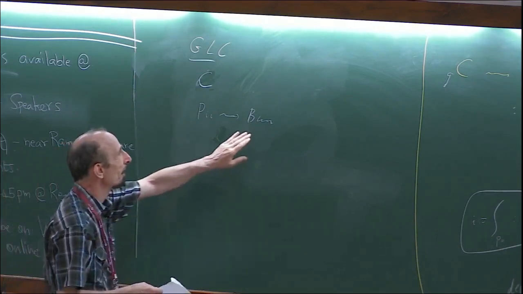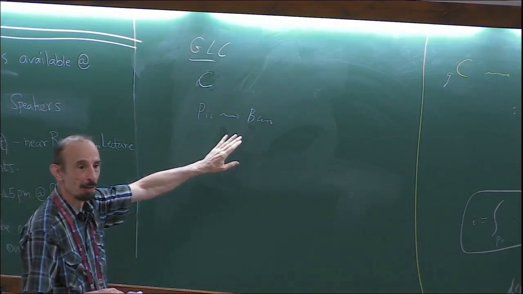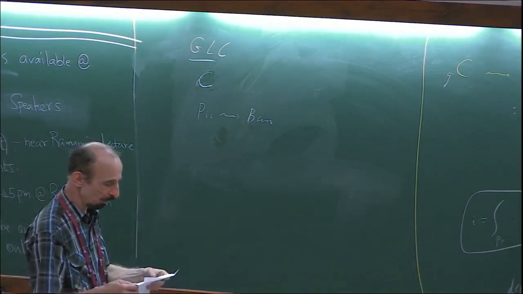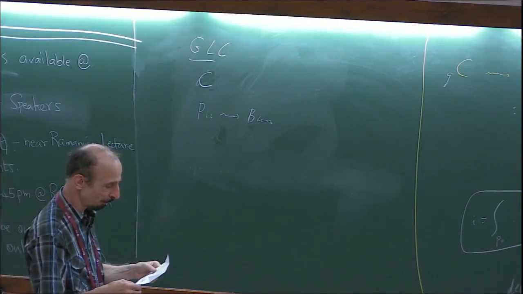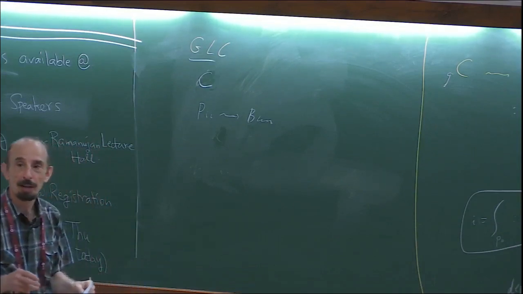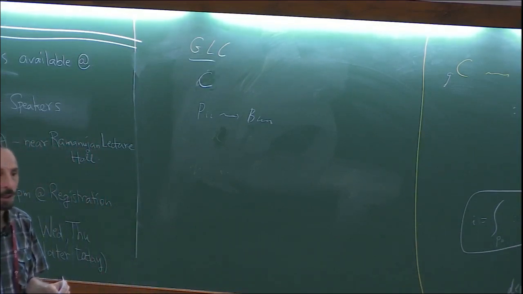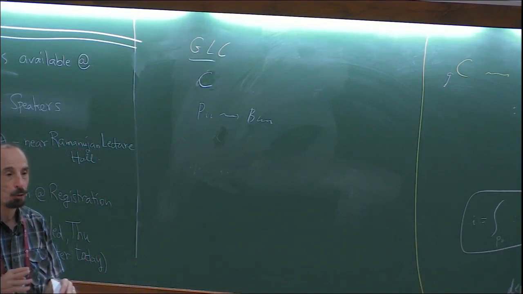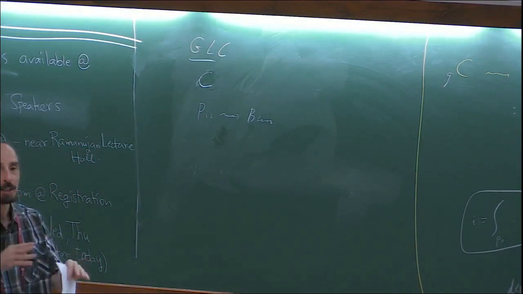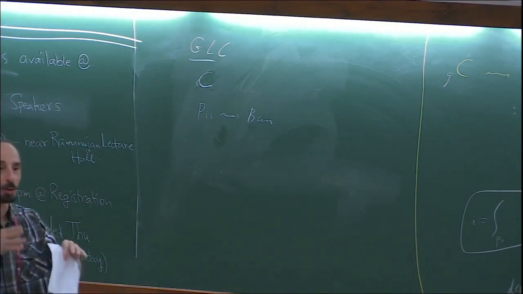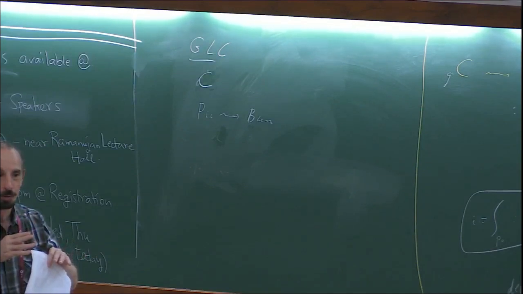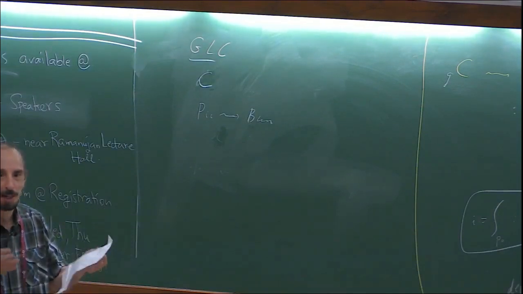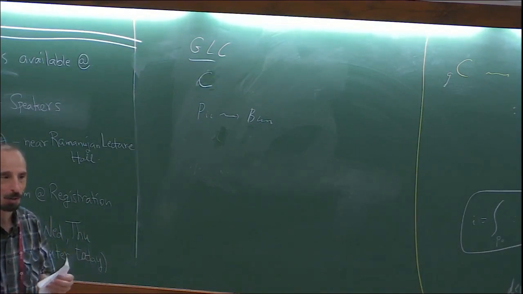But when I write Bun, I am going to mean the moduli stack of G bundles. So that avoids the kind of issue that we saw this morning where they had to choose some finite cover of the moduli space in order to have a universal object over it. The stack, by its definition, essentially has a universal object over it.